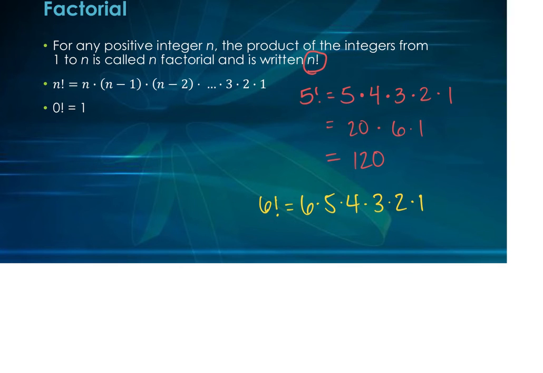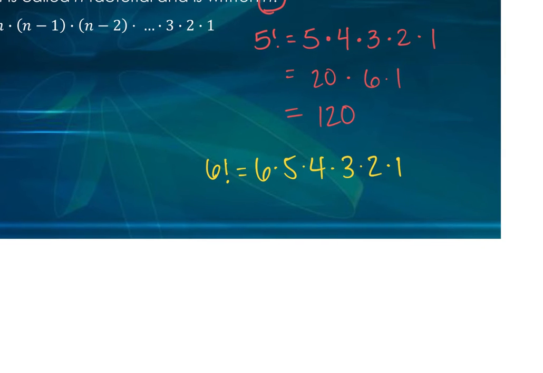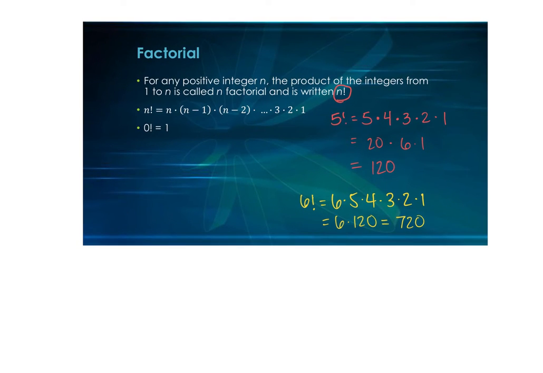Okay. We already know what 5 factorial is, right? So can we just say 6 times, what was 5 factorial? 120. And 6 times 120 should give me like 720? Someone double check me on that. Yeah, that's right? Okay.